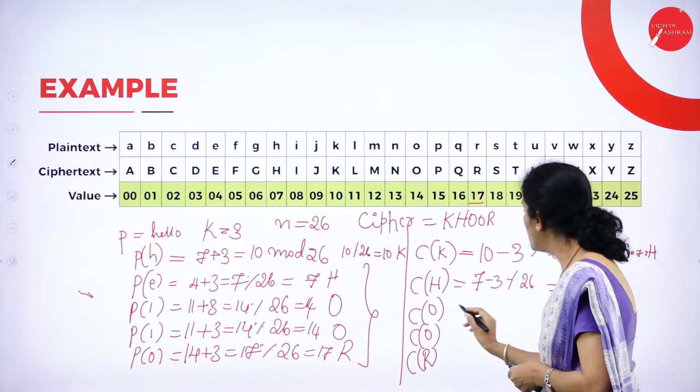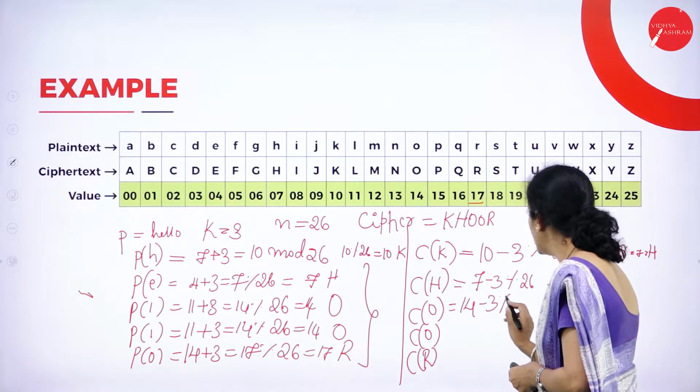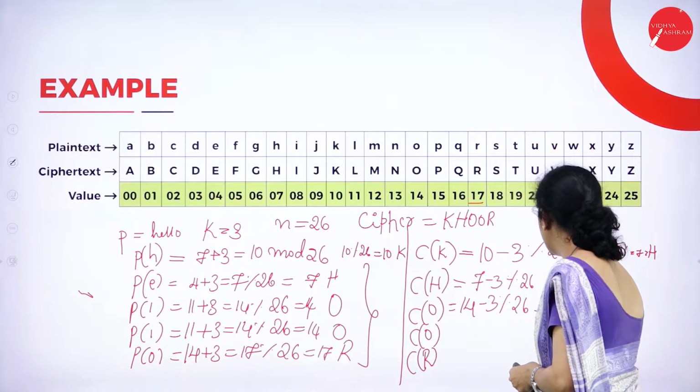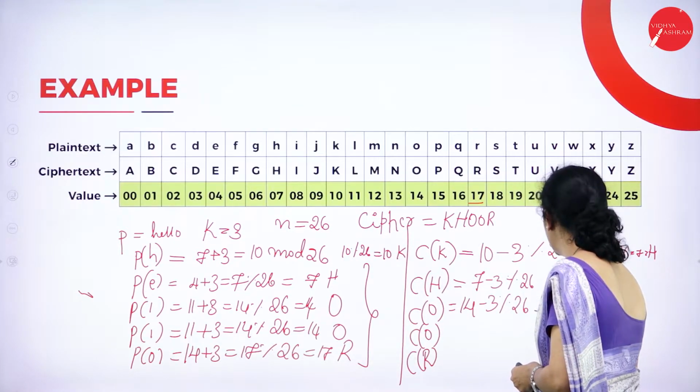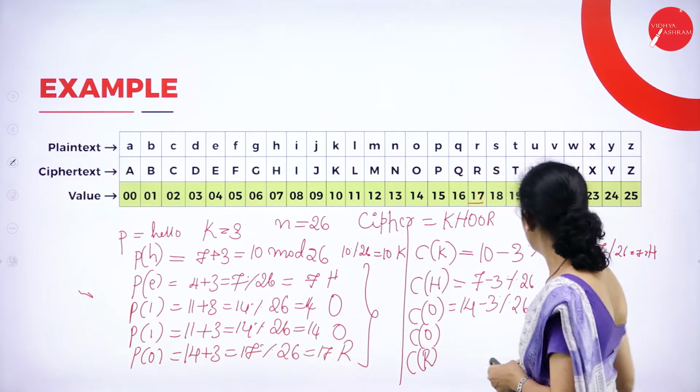It is E. Now, I am going to have O. So what is the value of O? It is 14 minus 3 mod 26. It is 11. And what is present at the location 11?